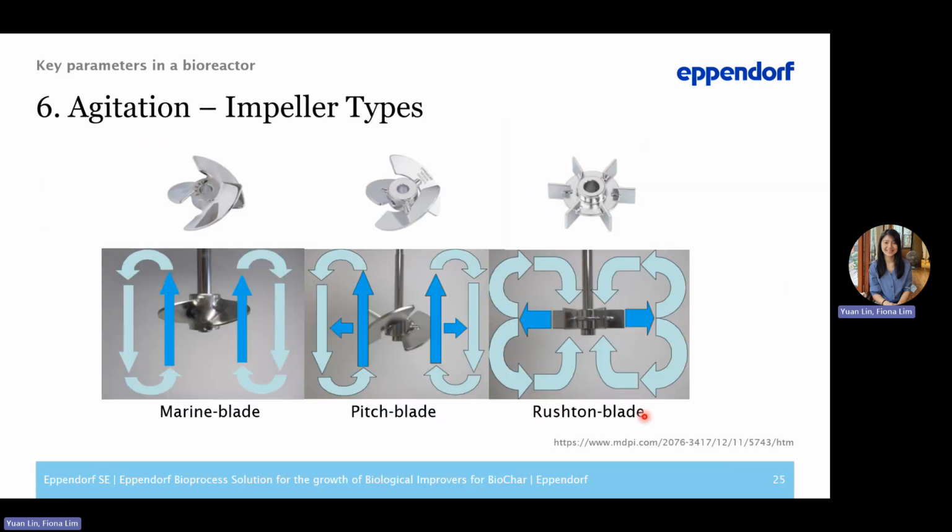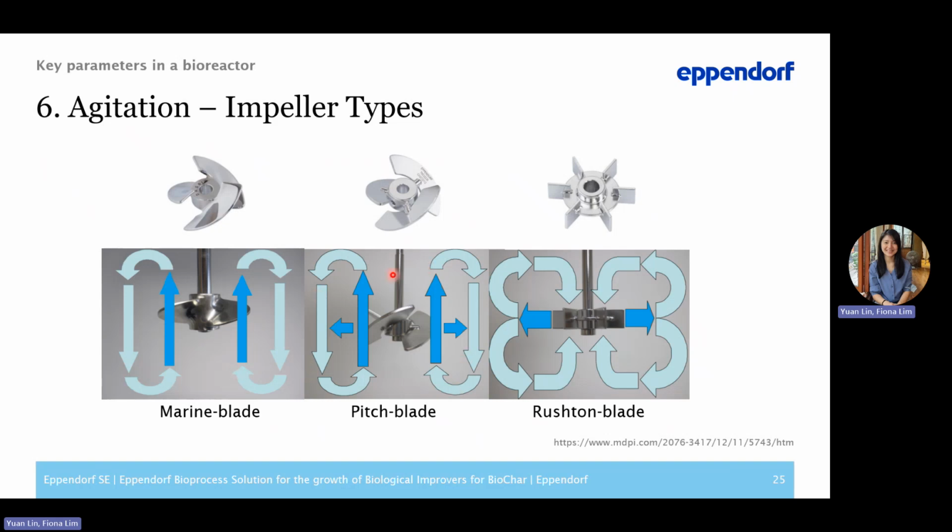So to give you some perspective into how it works, you can see that the marine blade is using the axial action within the impeller when it's being agitated. So this gives a gentler agitation for more shear sensitive cells to grow.